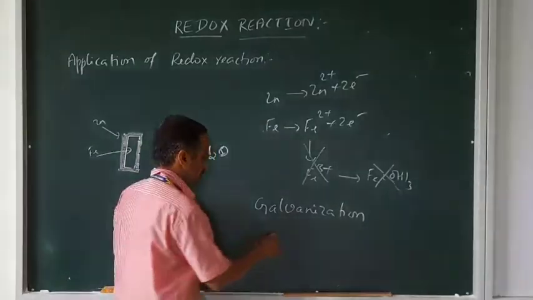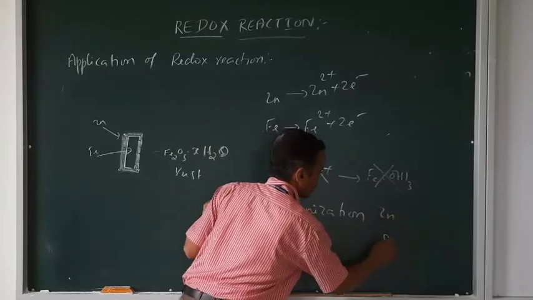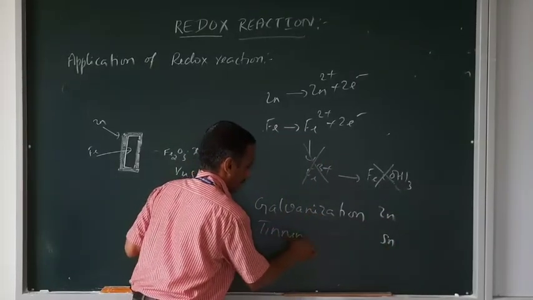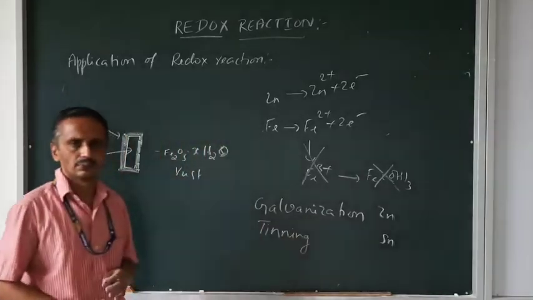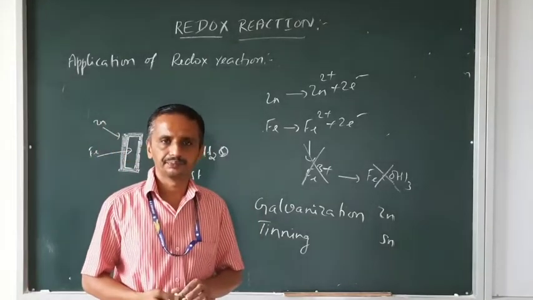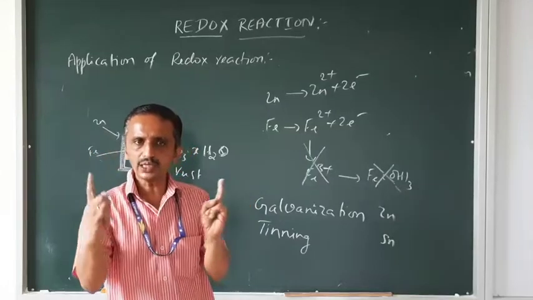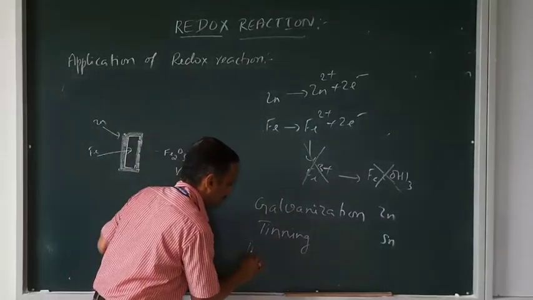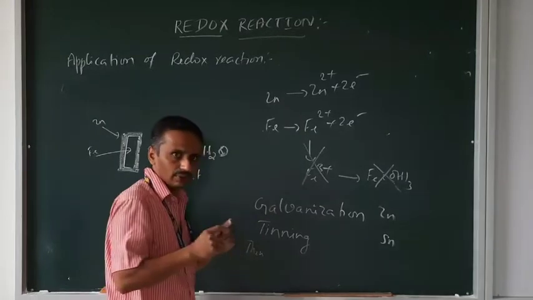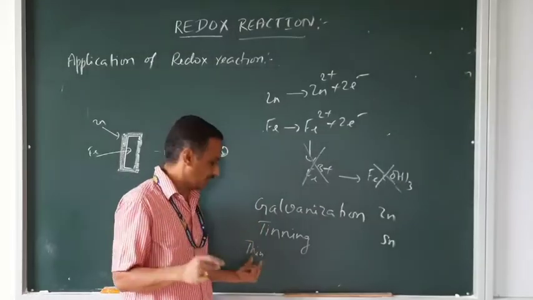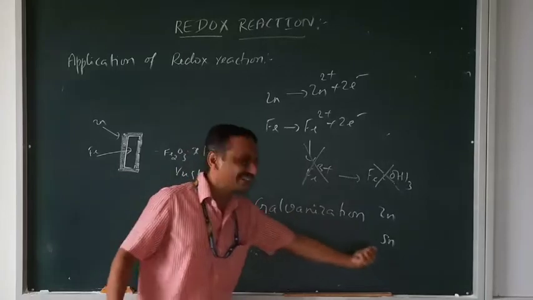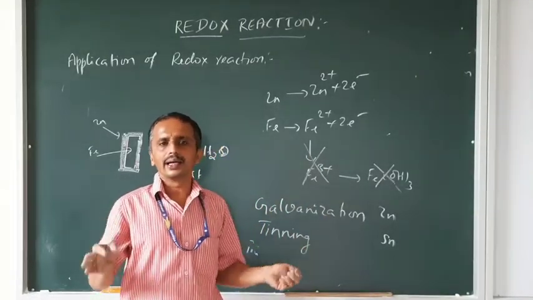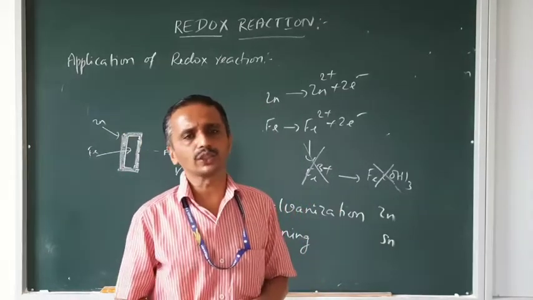And if tin, Sn, is used, we call it tinning. Tinning of the metal means give the tin coating, not thin, tin coating. Tinning is that Sn should be coated over that. And again, that is also sacrificial protection only.